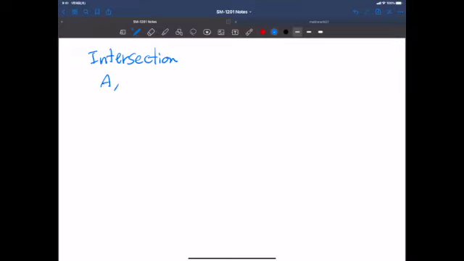Again, let's say A and B are sets, any sets. Then the intersection between A and B is written as A cap B. This is called cap because it looks like a cap, like a hat.